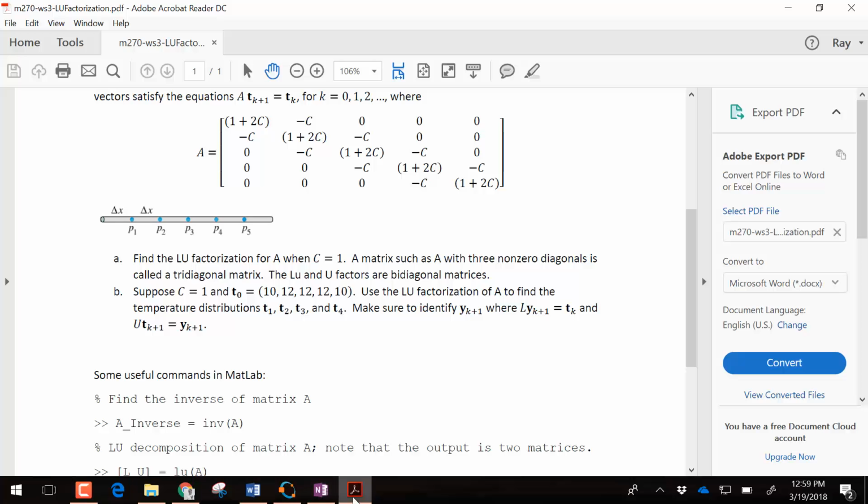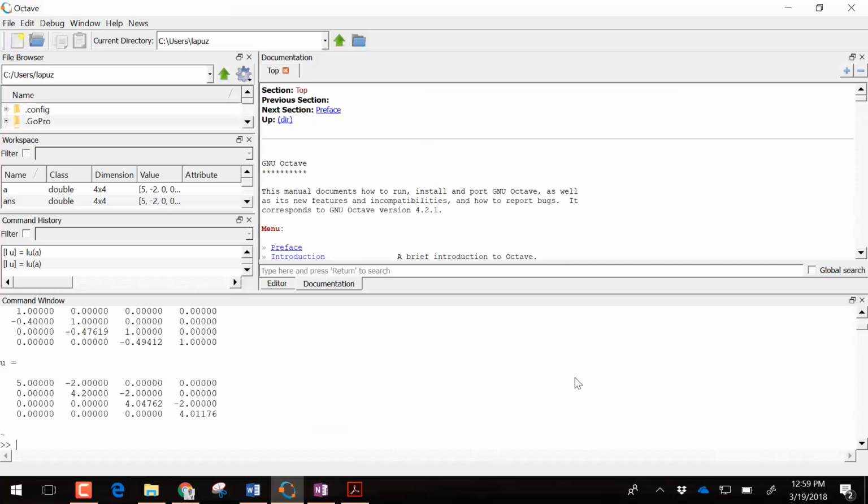So I'm going to set T0 to be some vector, and I need it to be a column vector for this to work out, right? So I'll make up another set of numbers here: 10, 12, 12, 10.